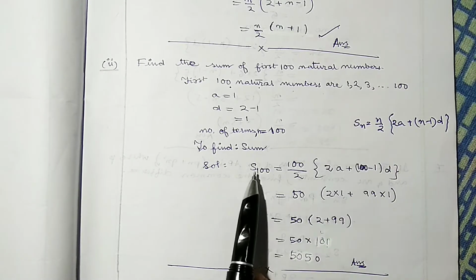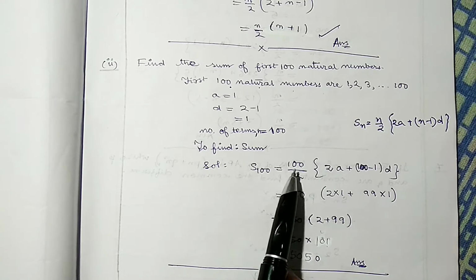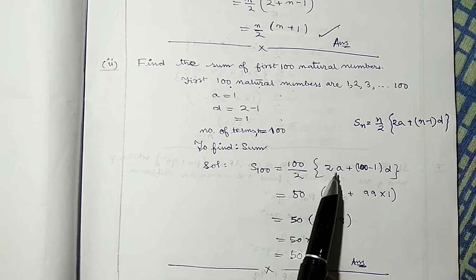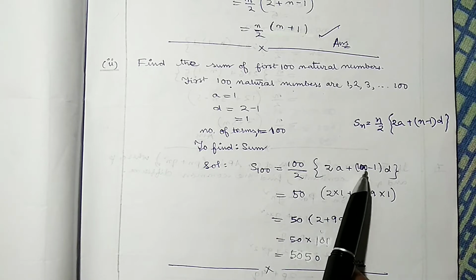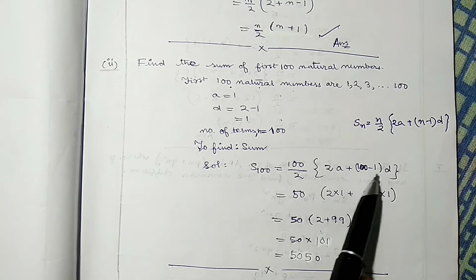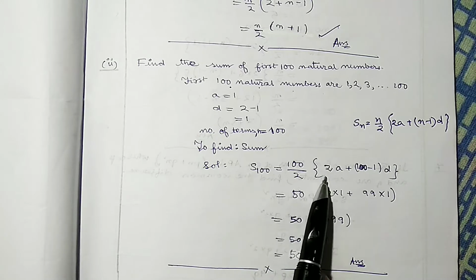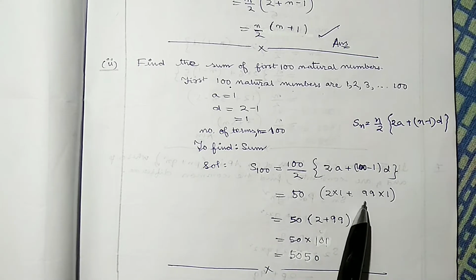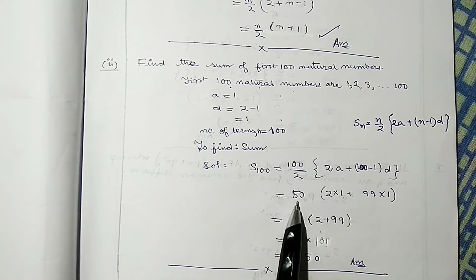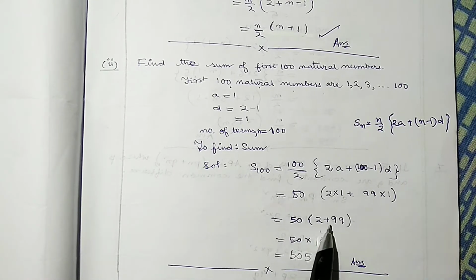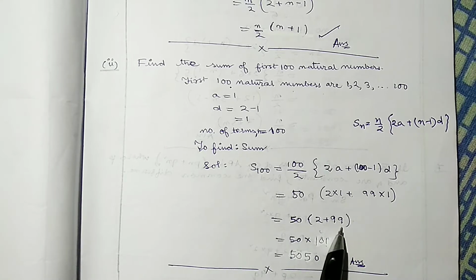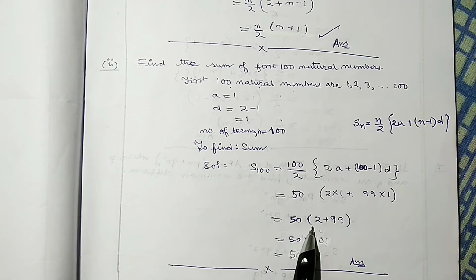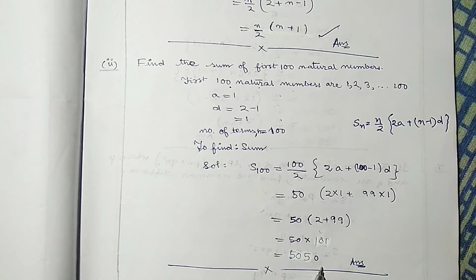Using this formula we write S100 equals n by 2, meaning 100 by 2, into twice a plus 100 minus 1 into d. 100 by 2 is 50. 2 into a, which is 1, so 2 into 1 plus 99, and d is 1. So 50 into 2 plus 99 into 1, which is 99. So 50 into 99 plus 2, 101, and 101 into 50 gives 5050. So this is the required sum.